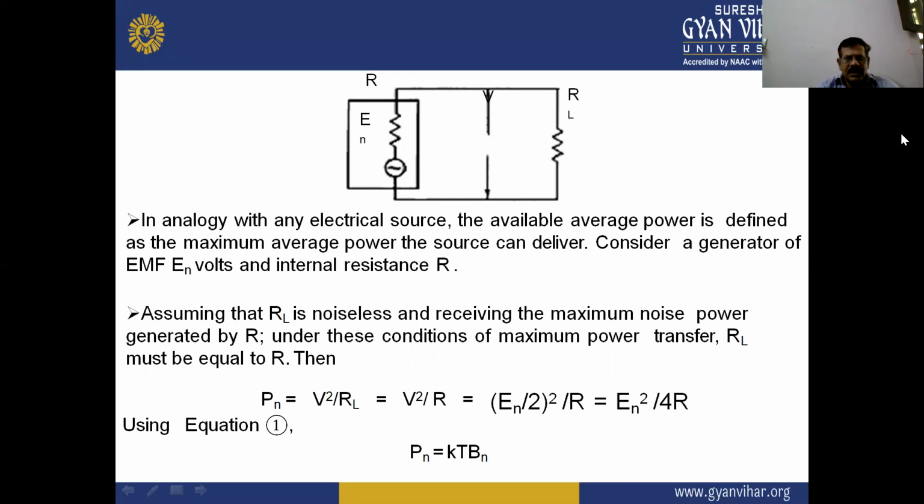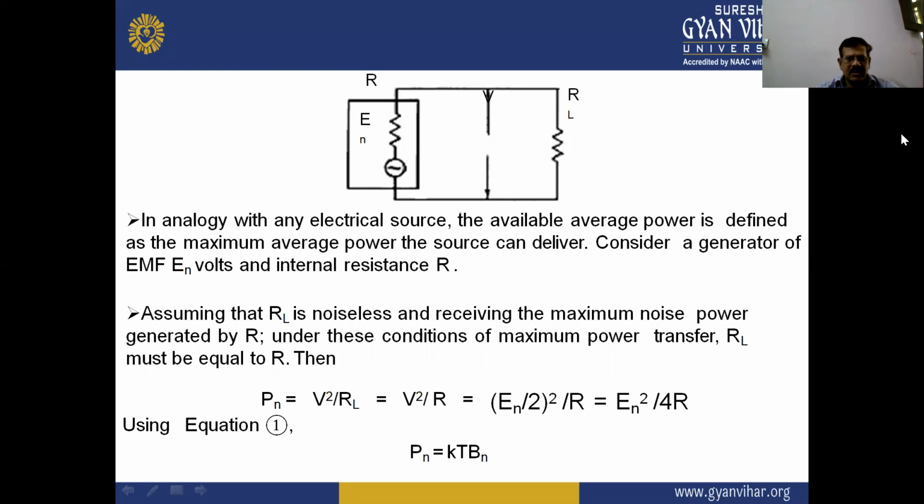In analogy with any electrical source, the available average power is defined as the maximum average power the source can deliver.